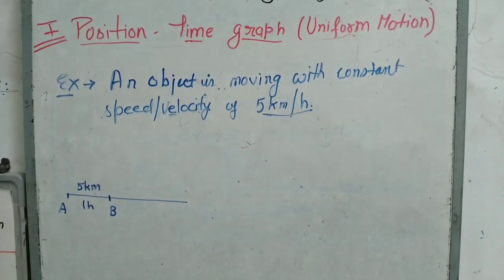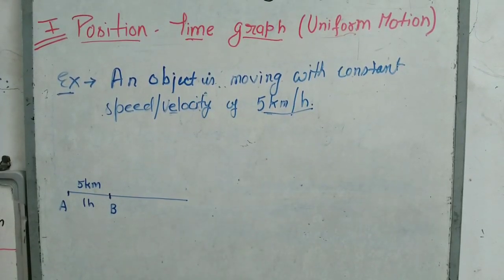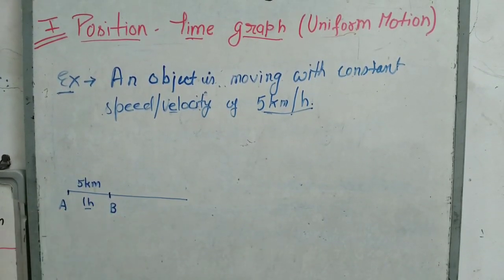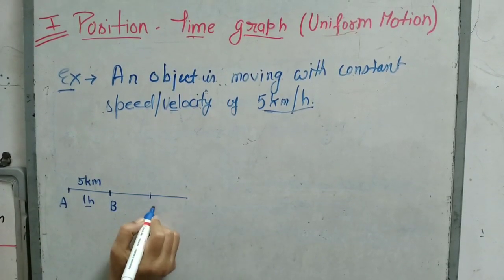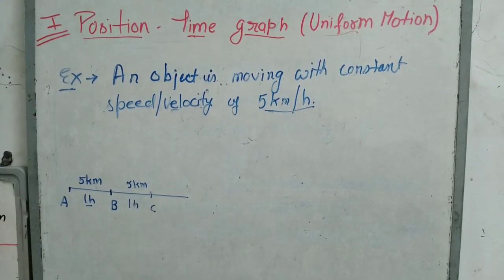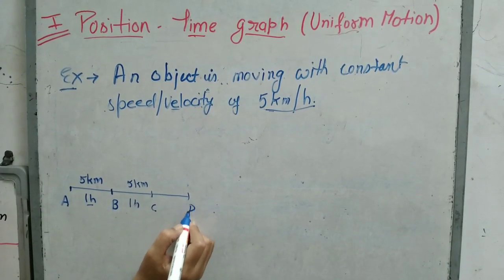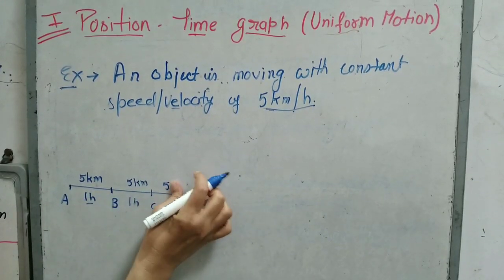For the next hour, what would its distance be? Its distance will be again 5 km for the next 1 hour. So B to C, that is 1 hour, it travelled 5 km. Now for the next section, suppose C to D, for the next 1 hour it will keep going like that.